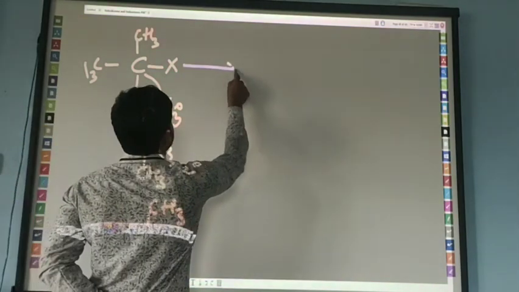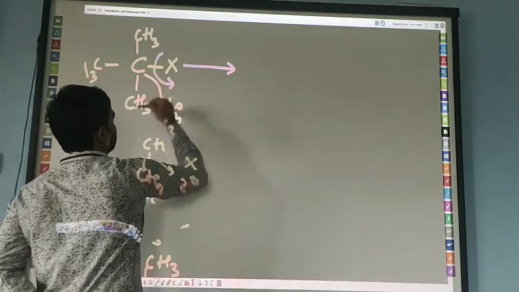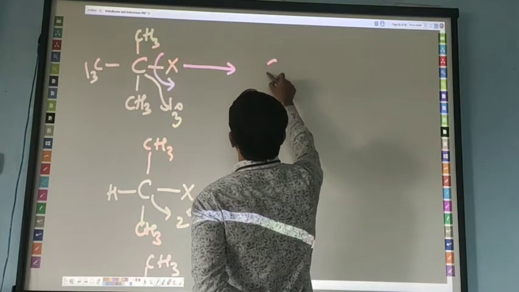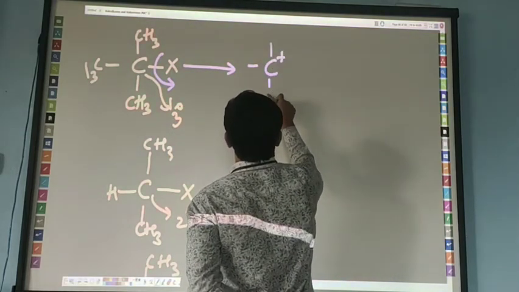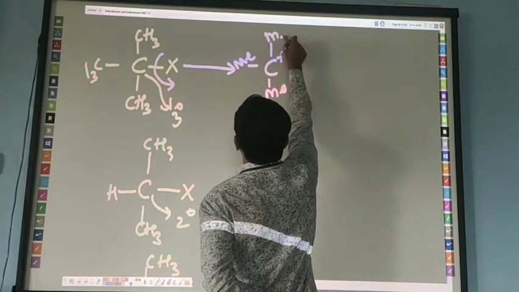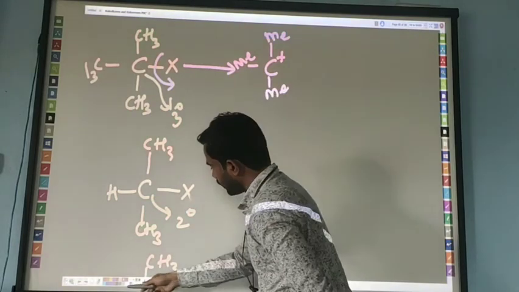The reason is that after the first step, a carbocation is formed. Here is the carbocation, C plus, with methyl groups around it.